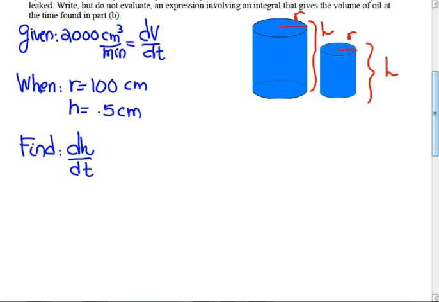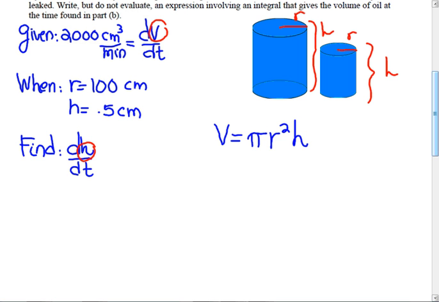So the volume is pi r squared times the height. And I want to relate V and H. I know R is changing, but for certain I need V and H. And there's no proportionality. I don't know how R relates to the height.